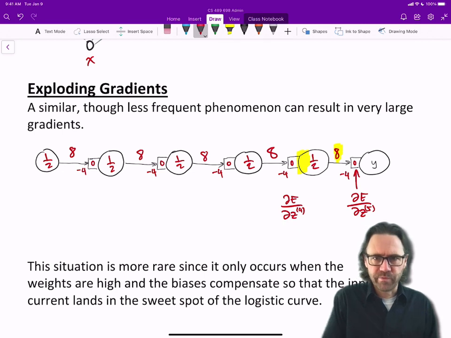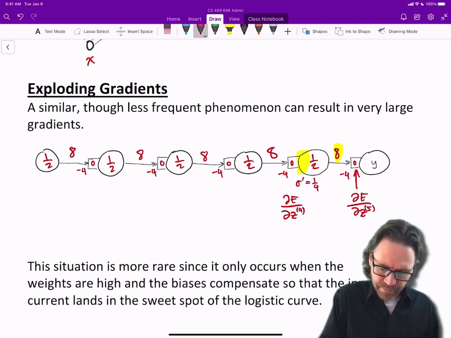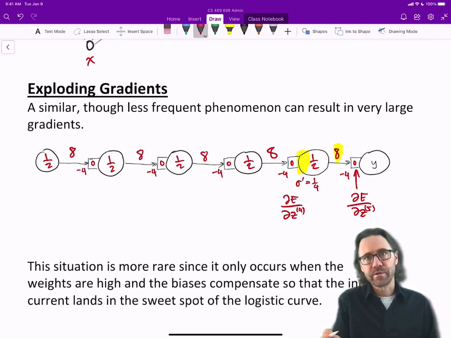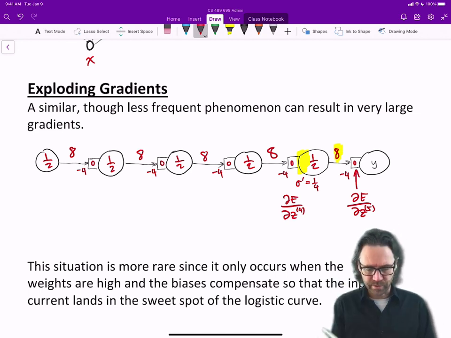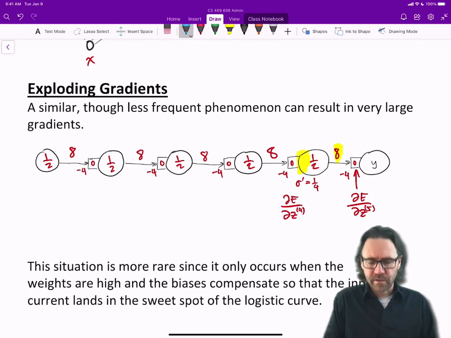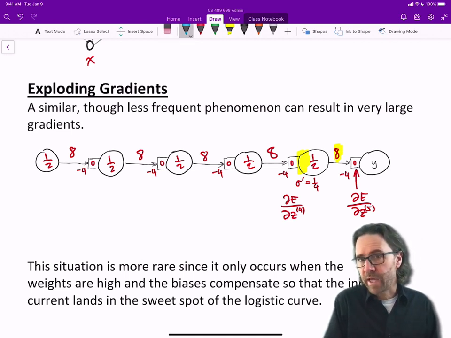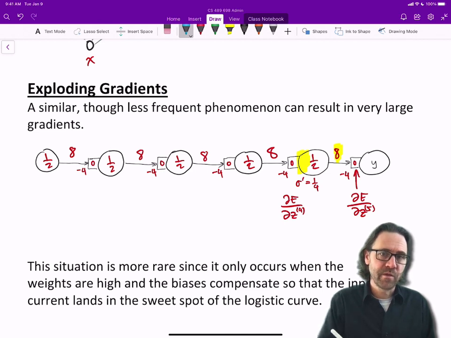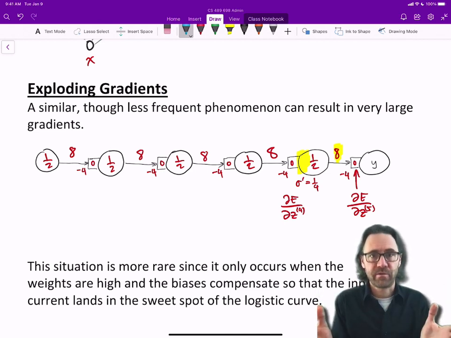So that derivative is 1/4 here, right? Because it happens to be the input current was 0, which is the steepest part of the logistic function, where the slope is 1/4. So when we multiply by the weight, which was 8, and the slope of the logistic function, which was 1/4, put those together, you get a factor of 2.